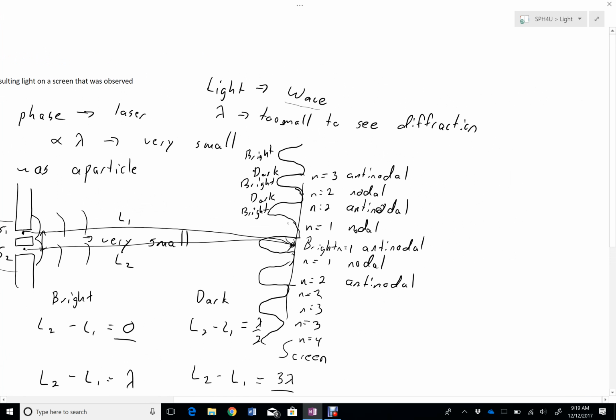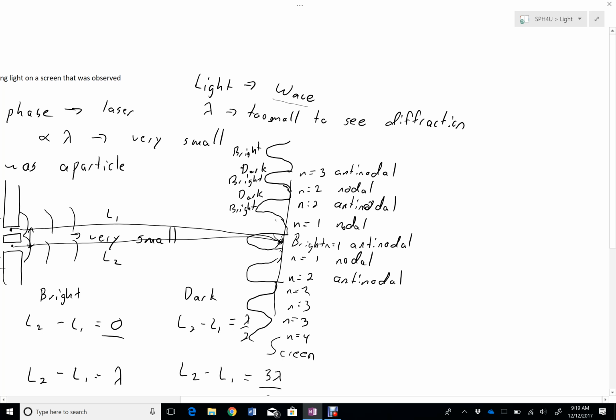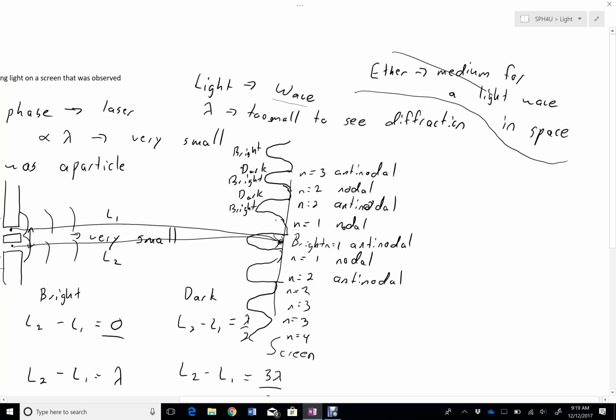And so for a brief period in time, and this is sort of an interesting thing, sort of a mistake in science, we made up something that could exist in space, and we called it ether. And the idea was that this would be the medium for a light wave in space. But we don't get too distracted by this concept, because later it was proven not to be true.